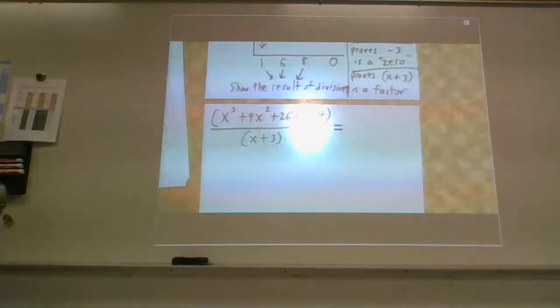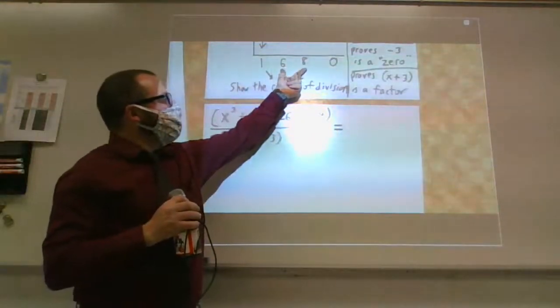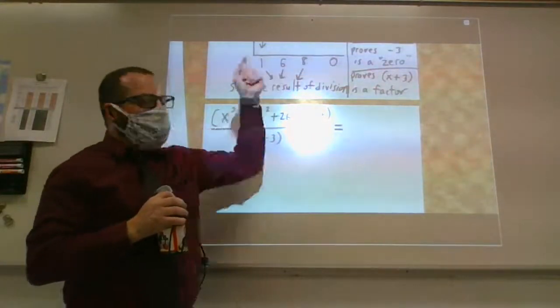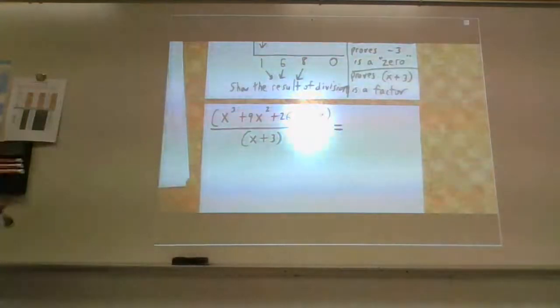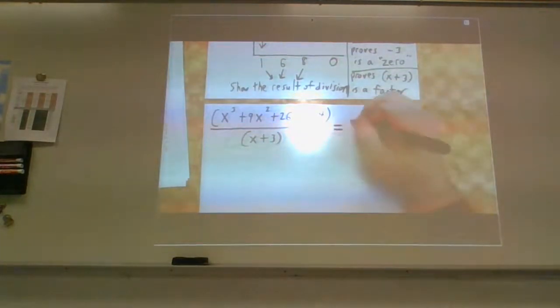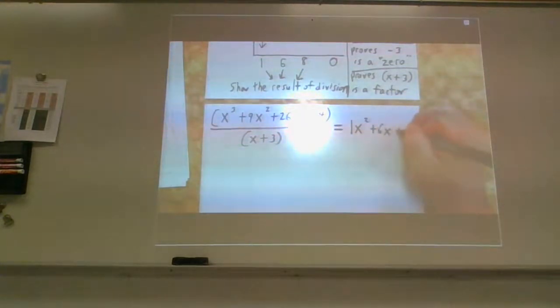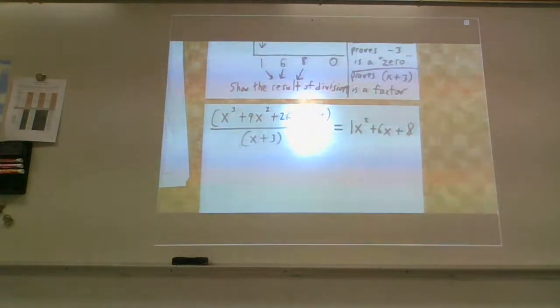But these numbers right here show the result of the division. And if you remember what we did last week, each of those numbers represents something very important. I'm going to write it down and then we're going to talk about it. Write down that equation.